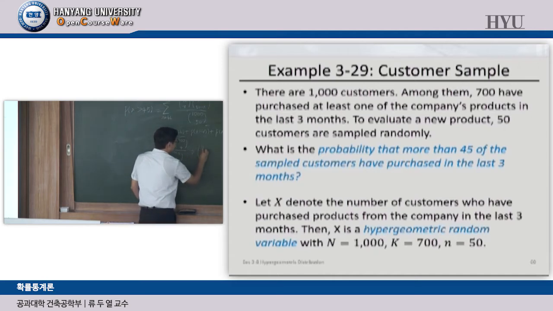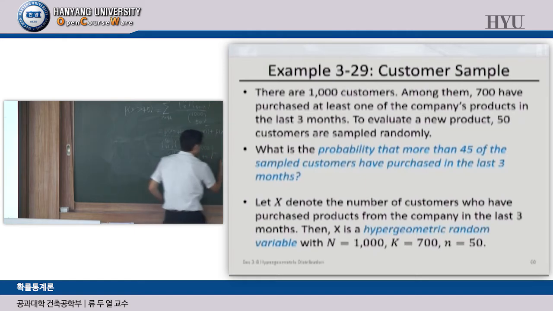And what is 700 choose 46? It will be 700 factorial over 46 factorial multiplied by 654 factorial.